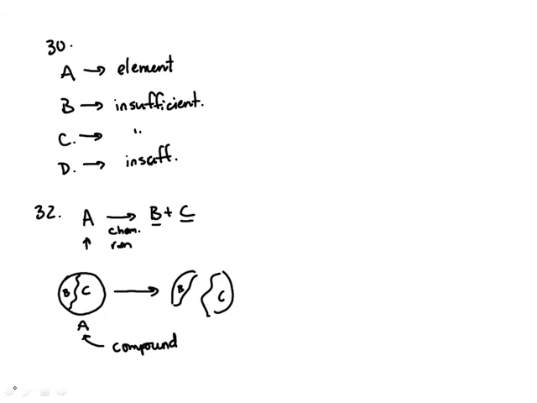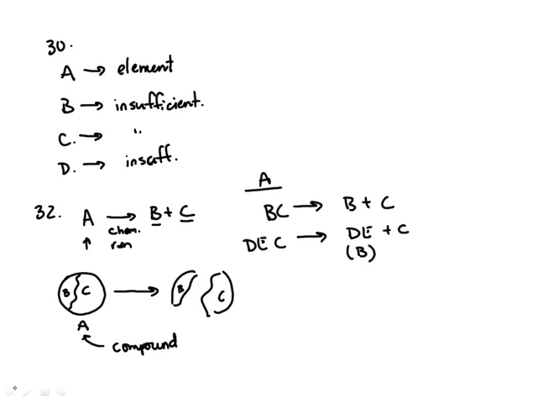We can't decide what B and C are, because here's what the possibilities of A are. A could have really been BC, breaking into B plus C. Or A really could have been DEC, which breaks into DE plus C, where DE is really B.